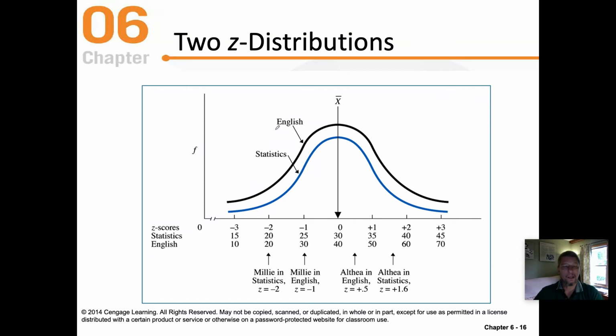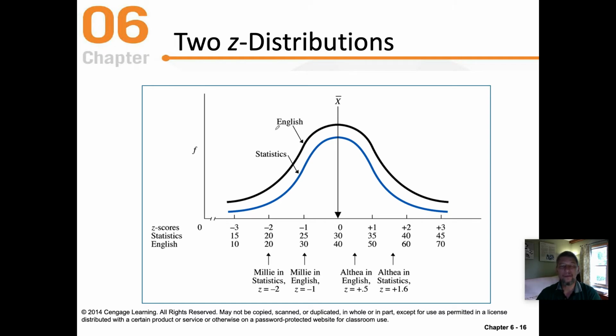Now, the raw scores are written on the lower 2 lines of the x-axis. So in statistics, they range from 0 to 45, and in English, they range from 0 to 70. Now, you can see that the shape of the 2 distributions is pretty similar. They're both normally distributed.